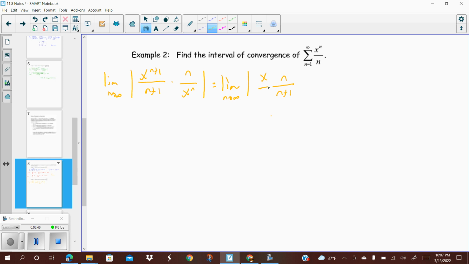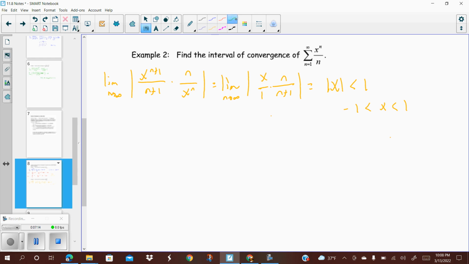So we'll just make that like over 1, make it easier there. The limit of the n part is going to go to 1, which really just leaves us with the absolute value of x, which once again we need to be less than 1 in order for it to be convergent, which just means that x has to be in between -1 and 1. So very similar to the last one. We just have a different series to plug these things into.